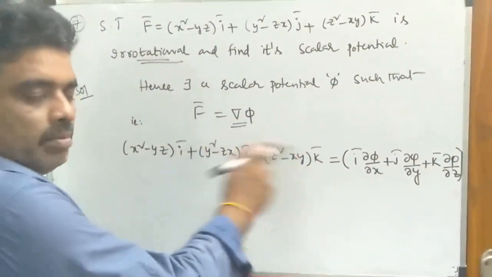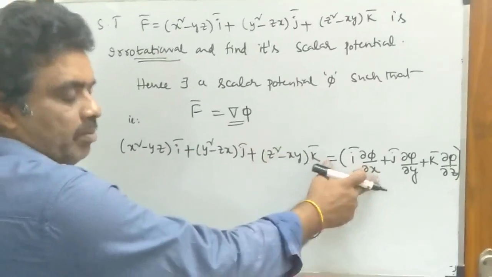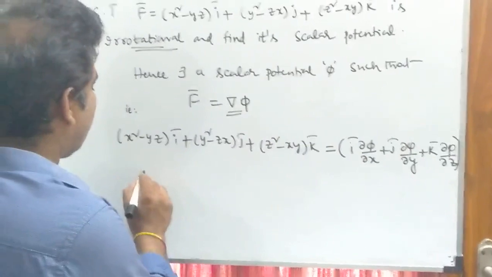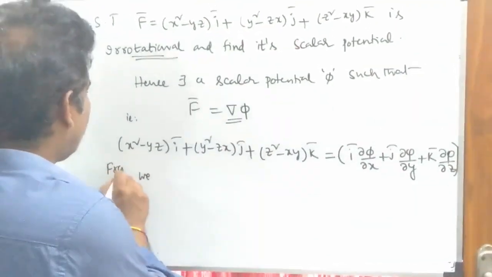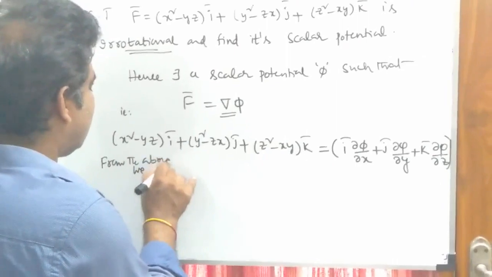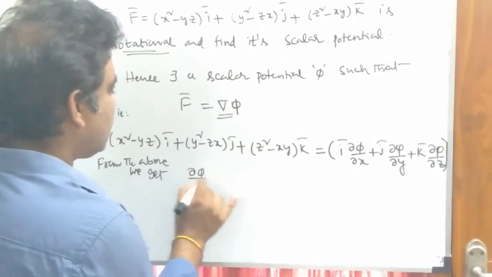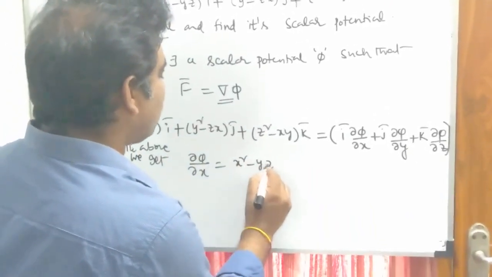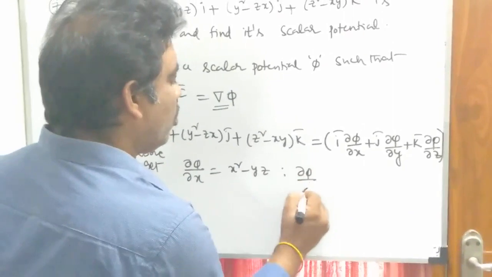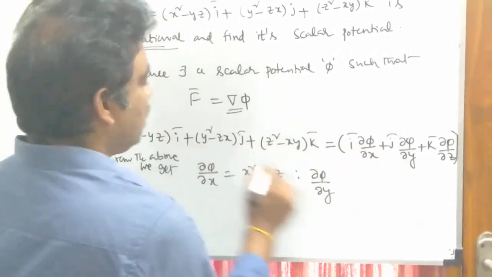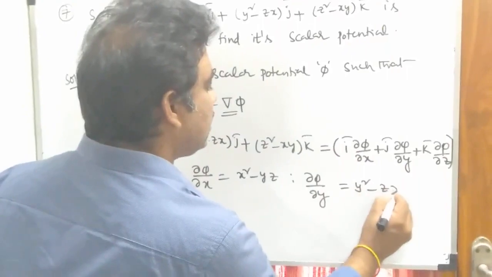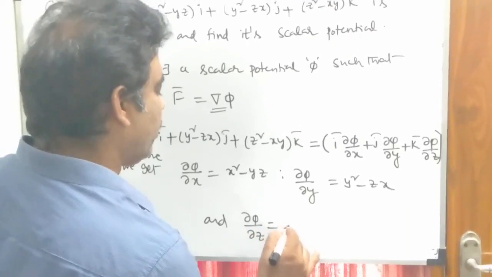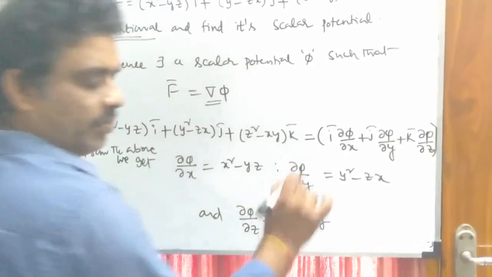So on equating like terms both sides, i bar coefficient, j bar coefficient, k bar coefficient both sides, we get from the above: dou phi by dou x is equal to x square minus yz, dou phi by dou y is y square minus zx, and similarly dou phi by dou z is equal to z square minus xy.